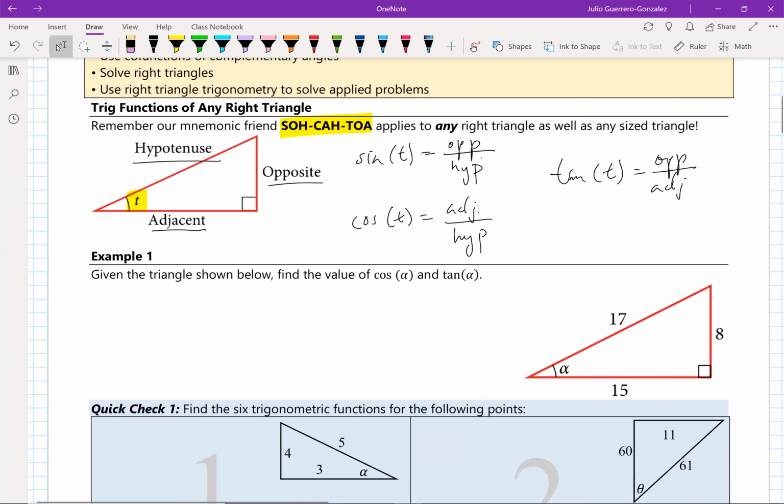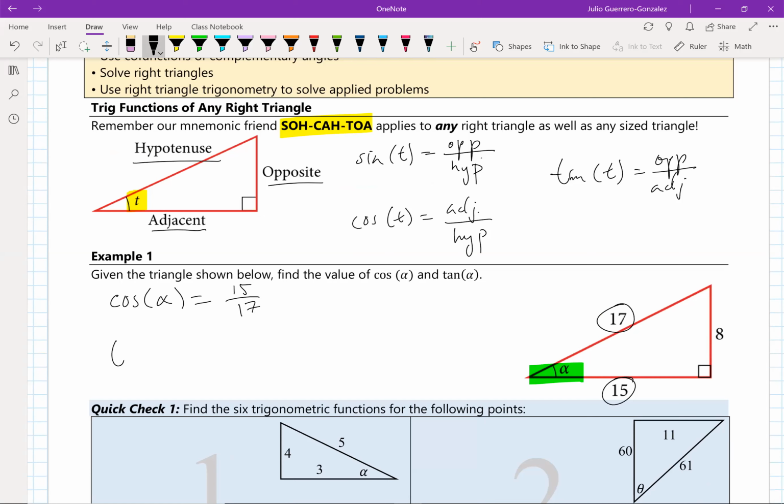Again, using triangles, we can find all the values that we need for sine, cosine, tangent, all 6 of them. Looking where our angle is here, we need cosine. So cosine of some angle alpha is adjacent over hypotenuse. So that's going to be 15 over 17.